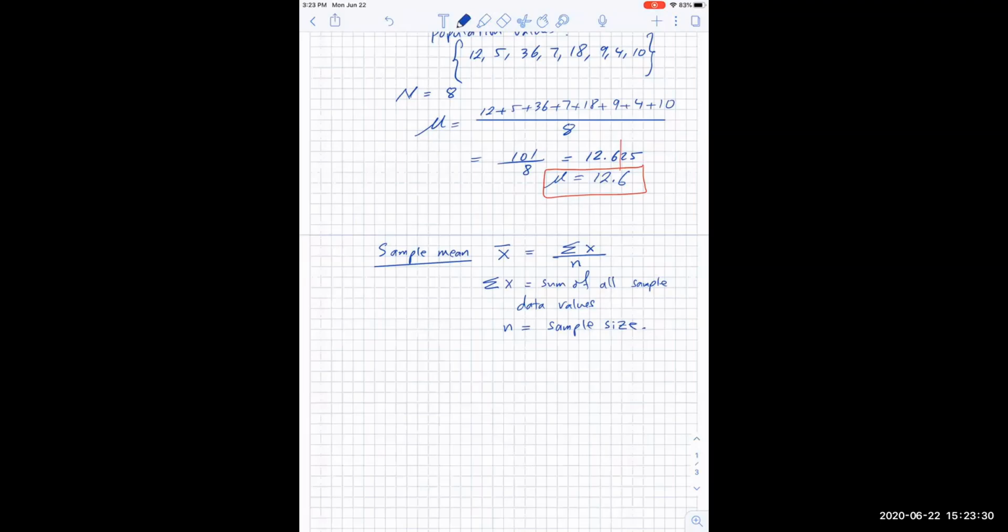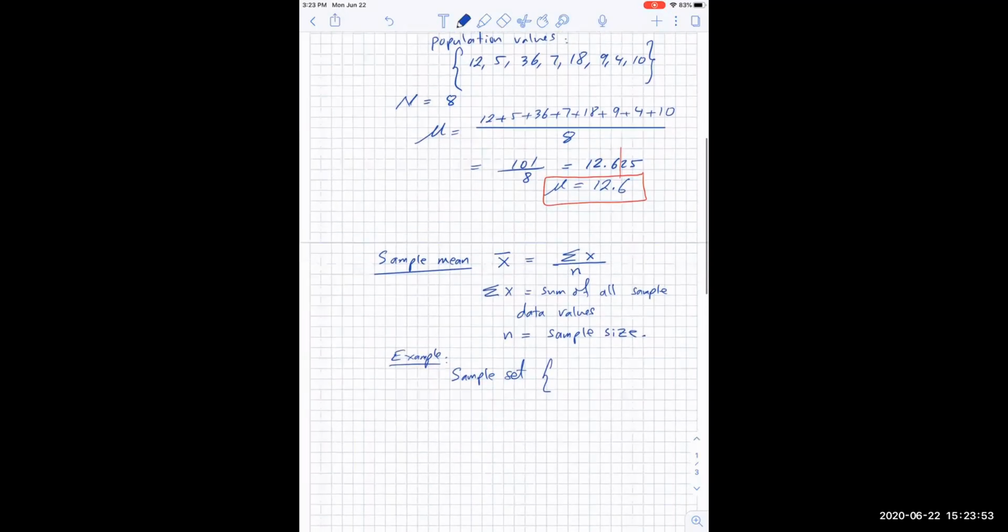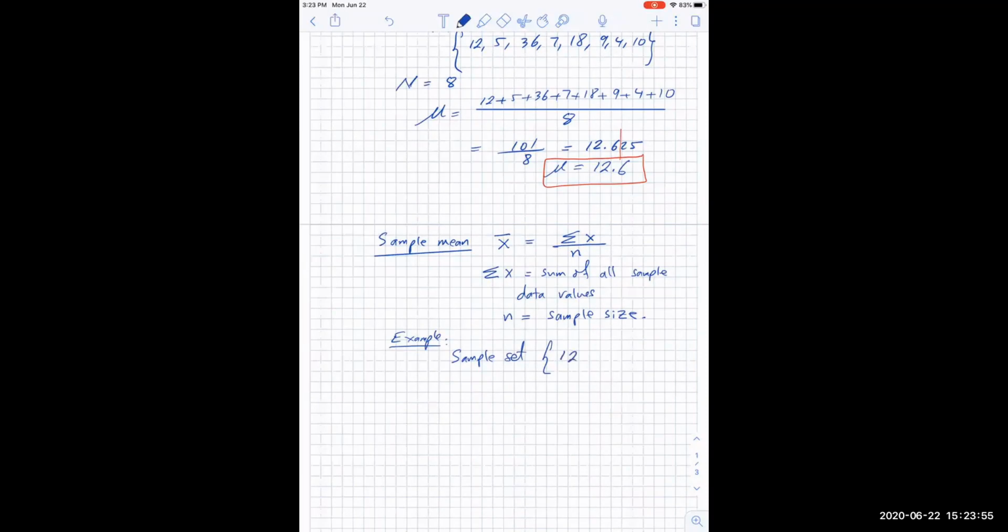Example. Suppose I have this sample data set, which is, let's say I'm going to take 4 numbers from the set that I have above, let's say 12, 36, 9, and 10.